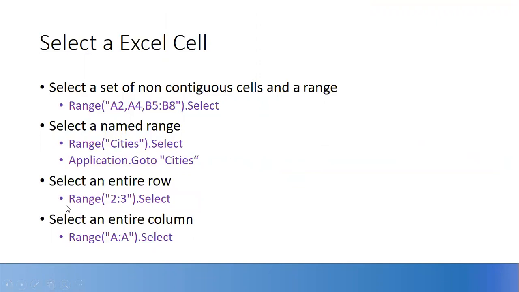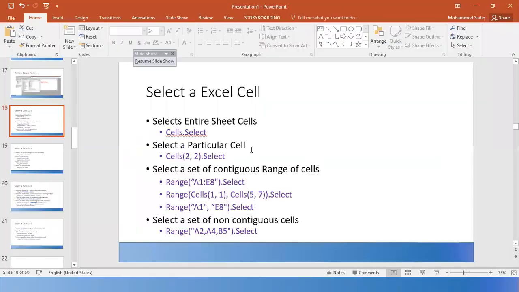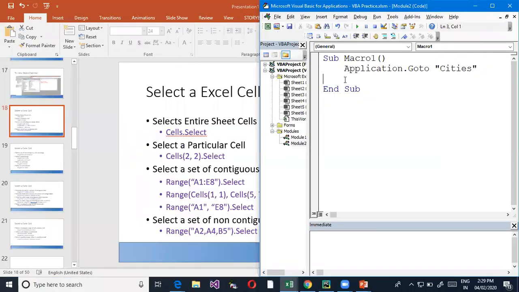In that case, we can use a range and specify which row you want to select. Suppose I want to select row 1.